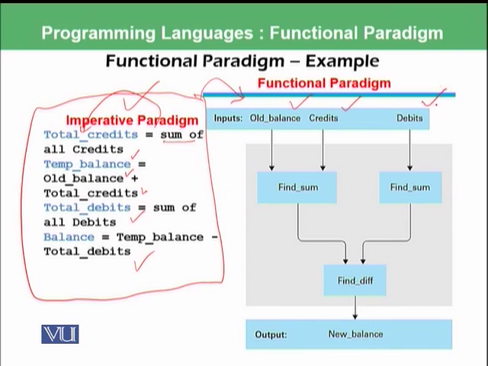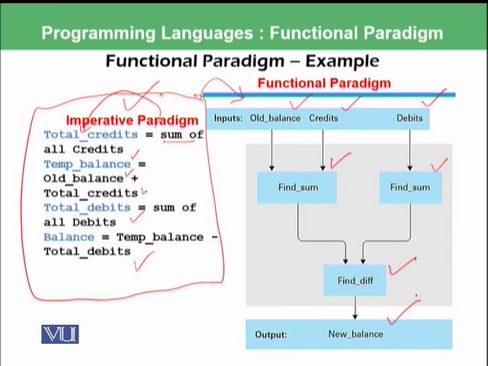So these three inputs are not visible in the imperative paradigm by looking at only one stage, layer or instruction, which are actually very visible in the functional paradigm. Then it is saying that old balance and credit should be summed up and all debits should be summed up, and then the difference should be found, and we have the new balance as a final output.